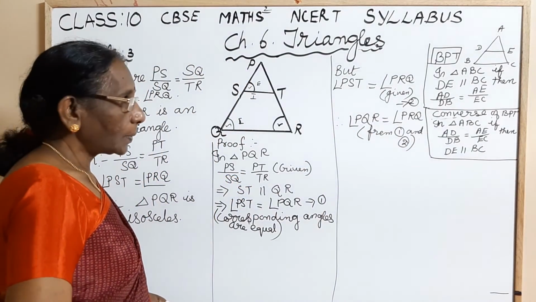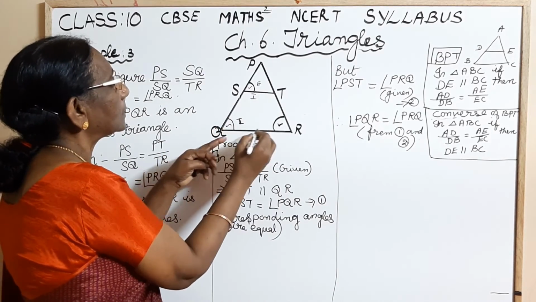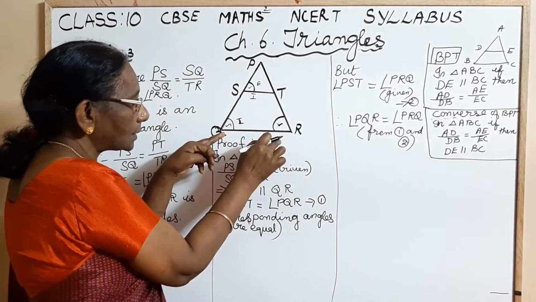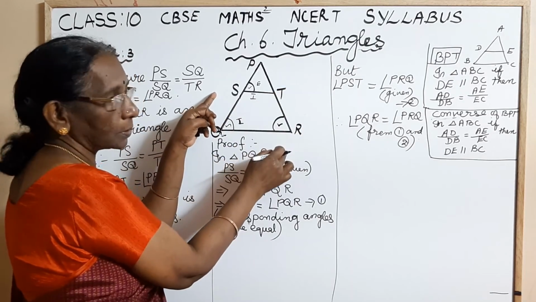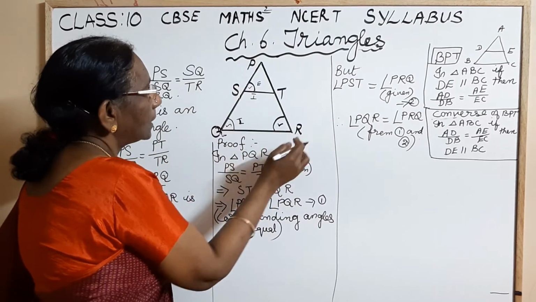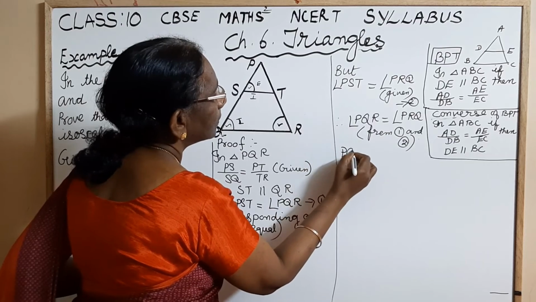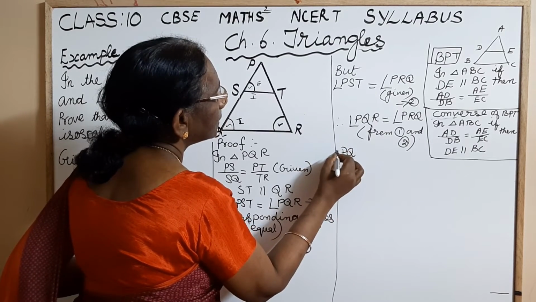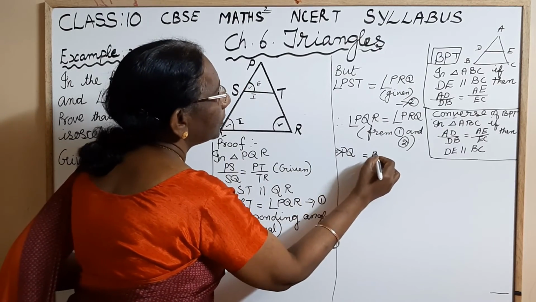Is it clear, children? So, now these base angles are equal. Okay? Since these base angles are equal, the sides opposite to them are also equal. So, you can say which side is opposite to this? PQ, which implies side PQ is equal to side PR.